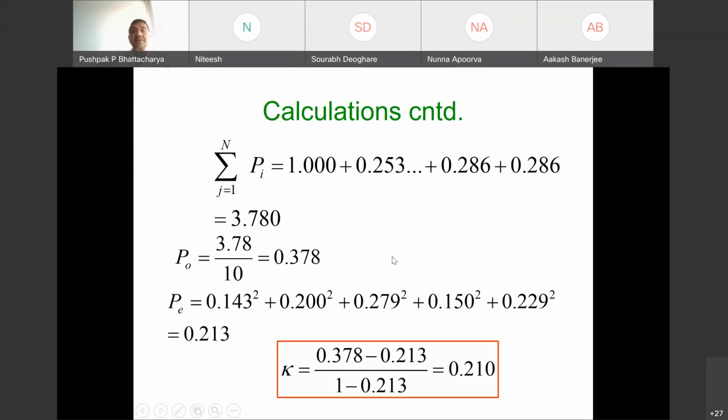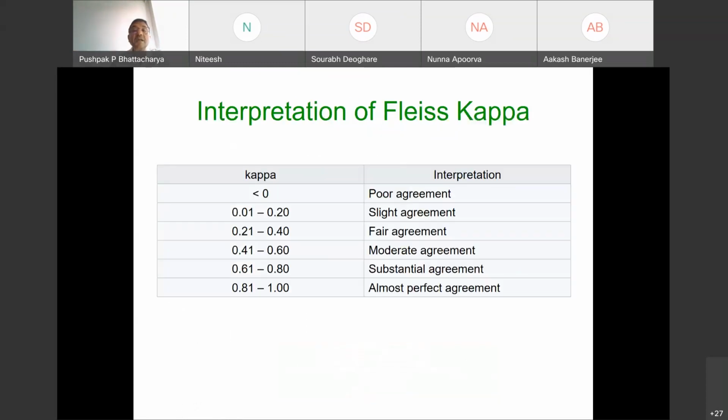What is the theoretical basis of this? We will start this discussion today, but we'll complete it in the next class. And how good is this kappa score? We see that Fleiss kappa is much more refined than Cohen, handling multi-class, multi-raters. So Fleiss kappa says 0.2 is fair agreement, and Cohen kappa says 0.6 is a moderate value.